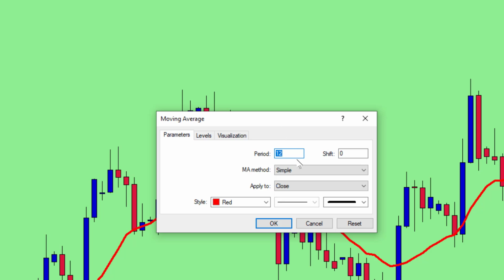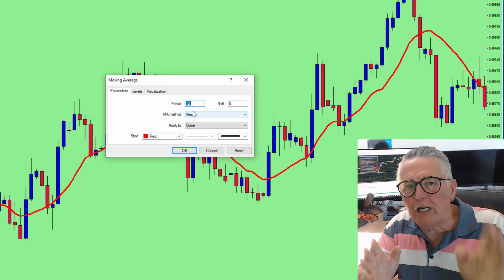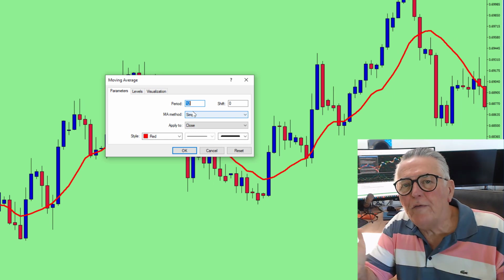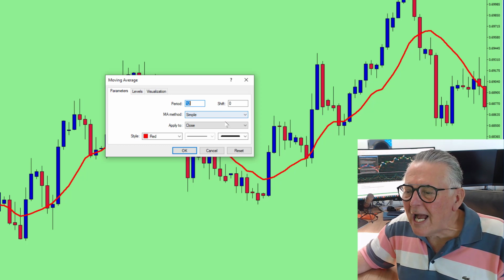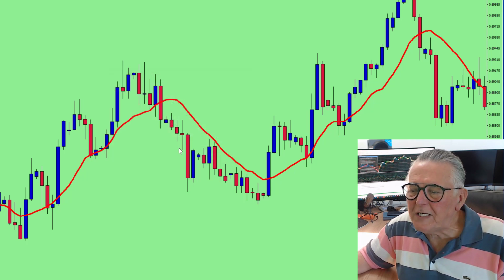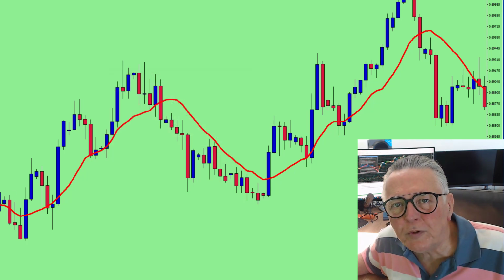Now you can decide where you want to base the price, on the close of the price, and we'll look at all the options there, and we can also look at the simple method. What I've just described here is the simple method. It looks at the close of the price over the last 12 bars and then draws a line, and the line in fact over time becomes a support and resistance line.